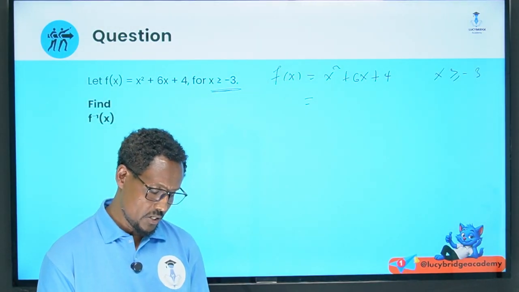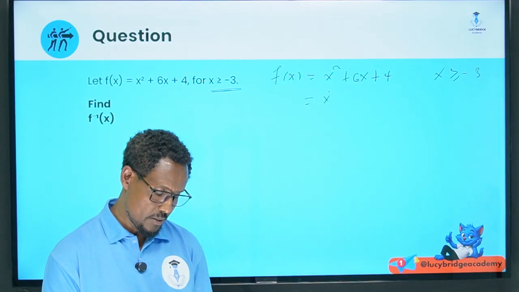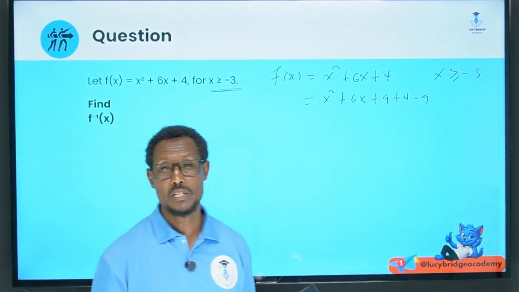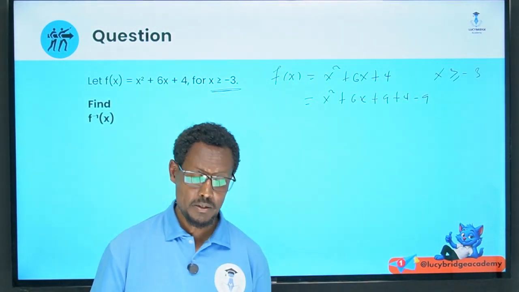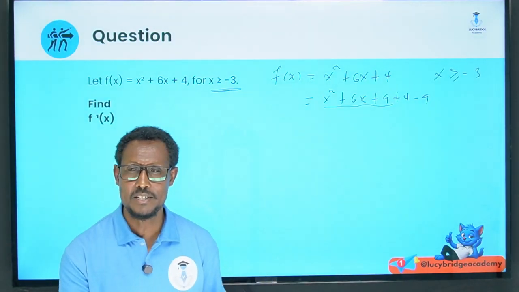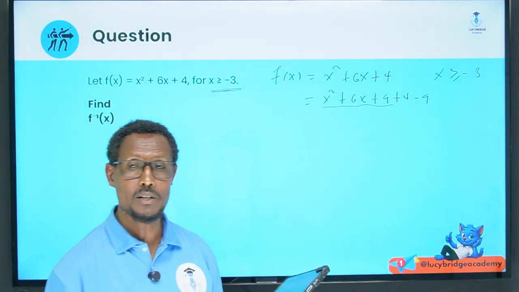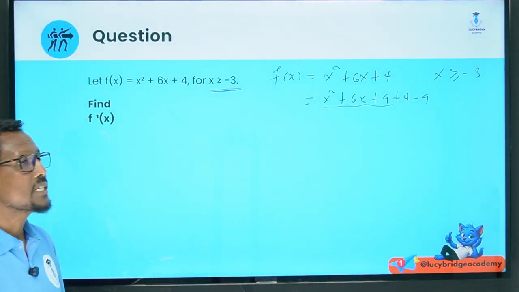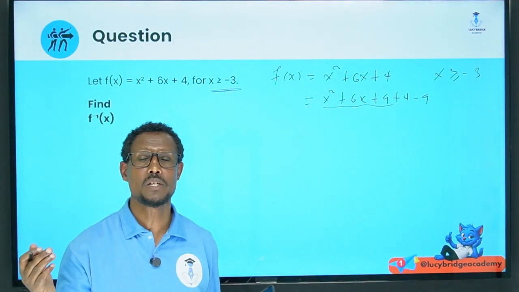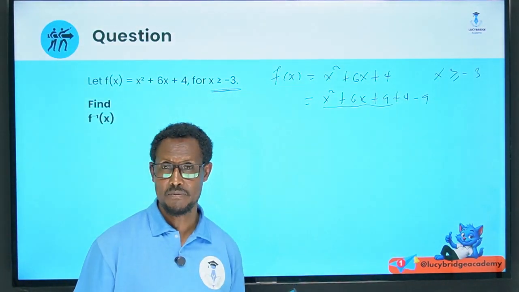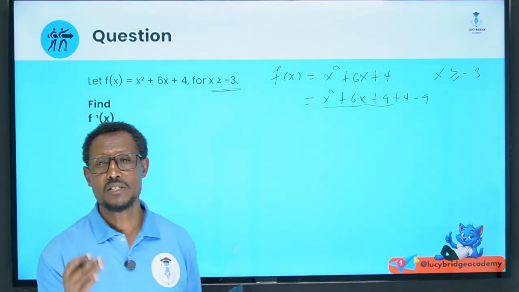Look: x squared plus 6x plus 9 plus 4 minus 9. Nine minus 9 is 0, so adding 0 is no problem. How did we get 9? The coefficient of x is 6; divide the coefficient of x by 2 and square it, and adding that makes it perfect. 6 divided by 2 is 3, and 3 squared is 9.